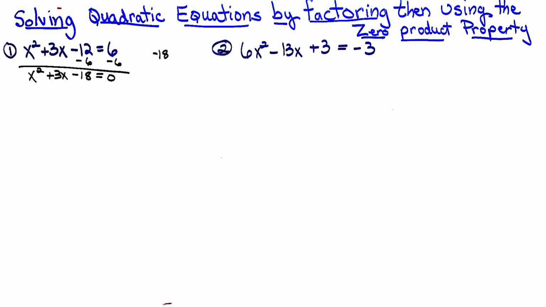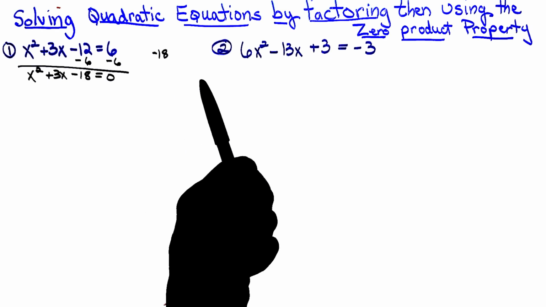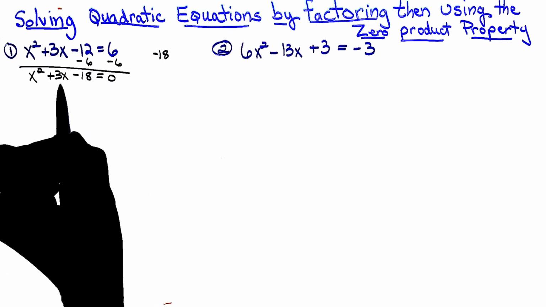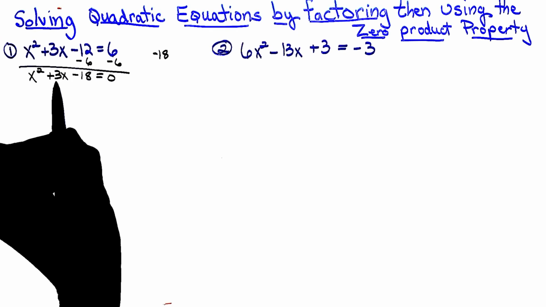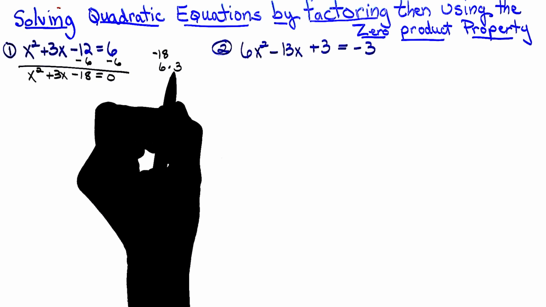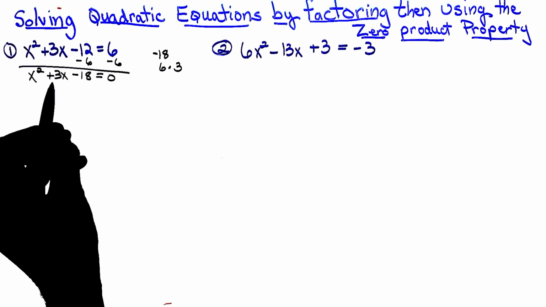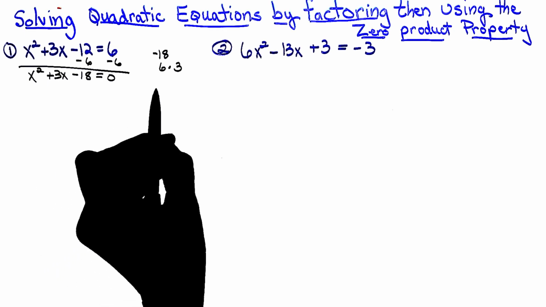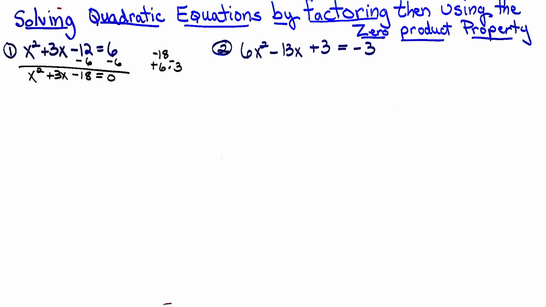We want two factors that will be multiplied together to equal negative 18, but when we add them, they have to end up with a 3. So I know 6 times 3 is 18, and in order to end up with a positive 3, I am going to have to make my 6 positive and my 3 negative.